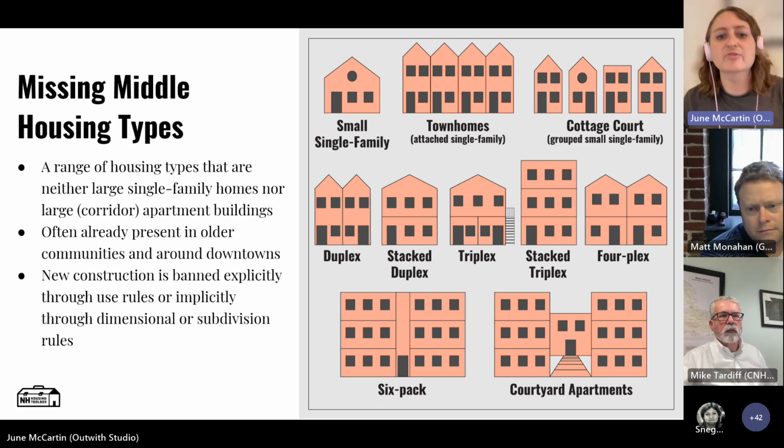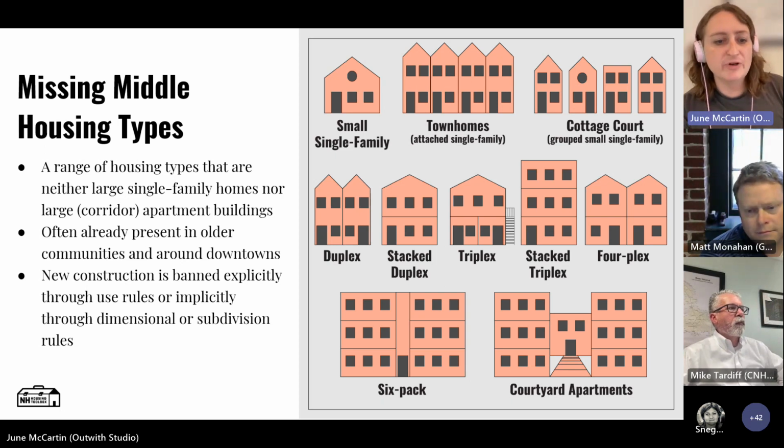Something like what we refer to as a 6-pack, or some sort of courtyard typology. Building types that won't work in every single community or in every single area in every town or city, but oftentimes there's a place for one or more of them in these neighborhoods, particularly in the village areas where they might already exist.